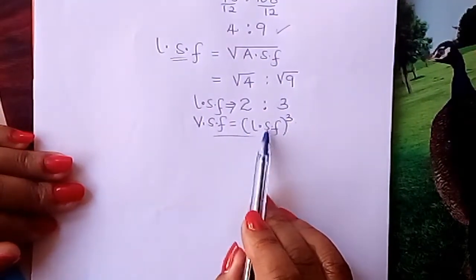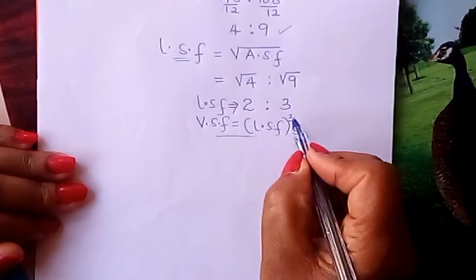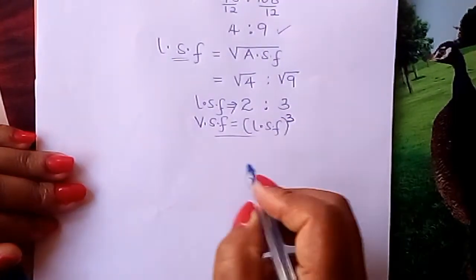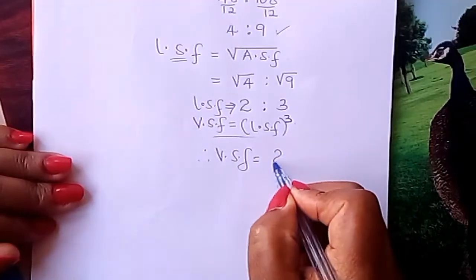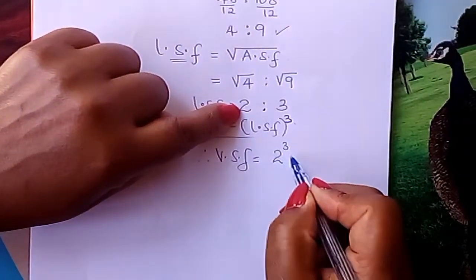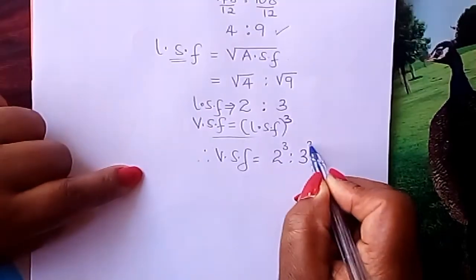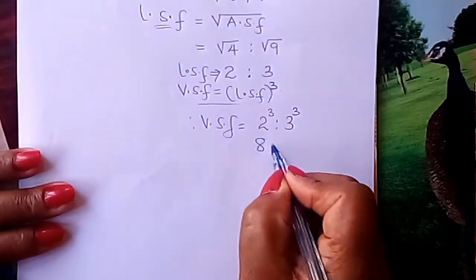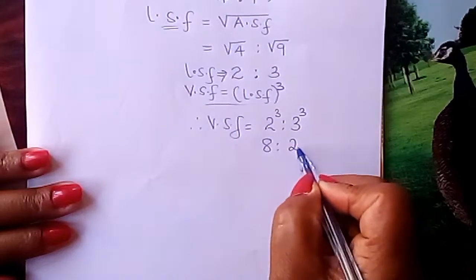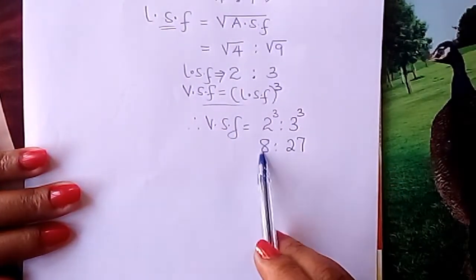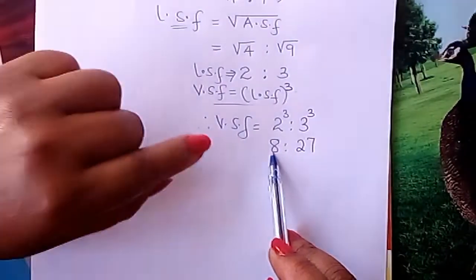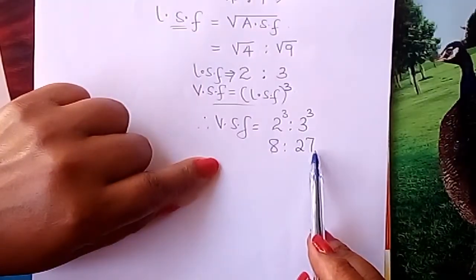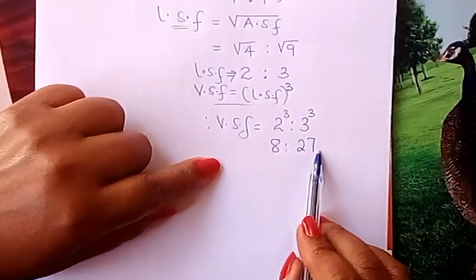Therefore, our volume scale factor will be 2 cubed to 3 cubed. 2 cubed is 8, 3 cubed is 27. So this is the ratio of their volumes: when the smaller one is 8 centimeters cubed, the other one is 27 centimeters cubed.